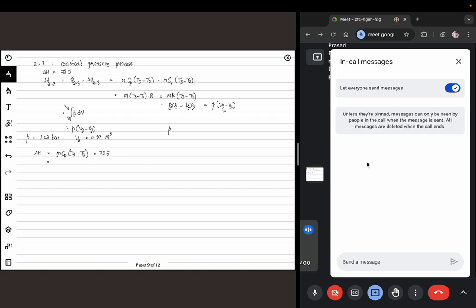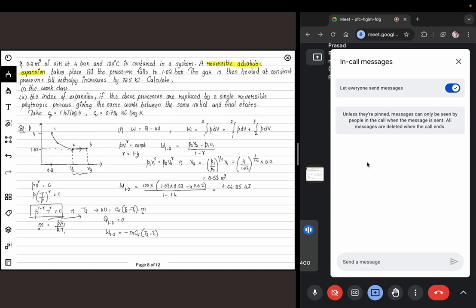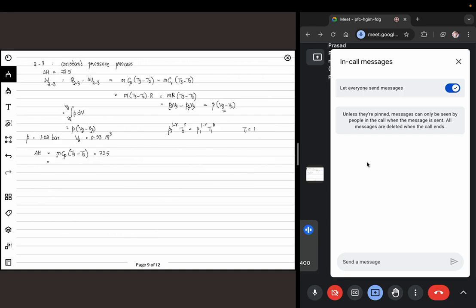So basically P2 to the power 1 minus gamma times T2 to the power gamma equals P1 to the power 1 minus gamma times T1 to the power gamma, where T1 is specified as 130 Celsius. When you use any of these relations, it should be in Kelvin. So from this I can calculate T2.